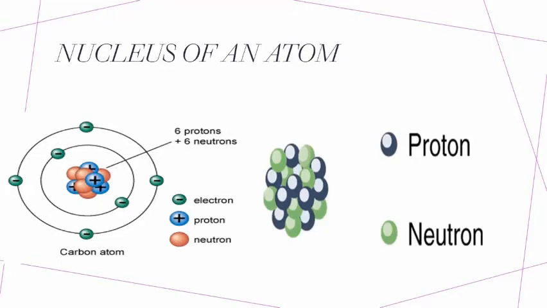The third thing is that the nucleus is stable in nature because the attraction due to nuclear forces counterbalances the repulsion due to positive charges. So there is a balance between the attraction and repulsion, and like that the atom stays electrically neutral.